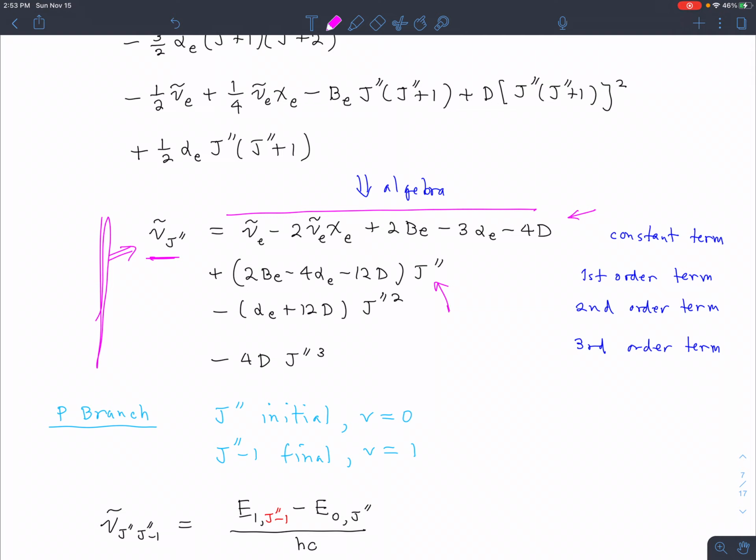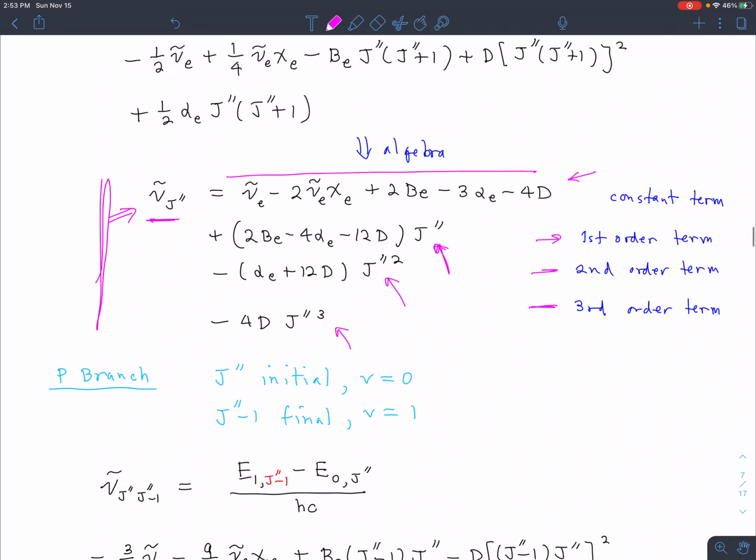There's a term that depends on the quantum number to the first power, one that depends on the quantum number to the second power, and one that depends on the quantum number to the third power. And there's a coefficient in front of all those powers, and that coefficient is what we're after.